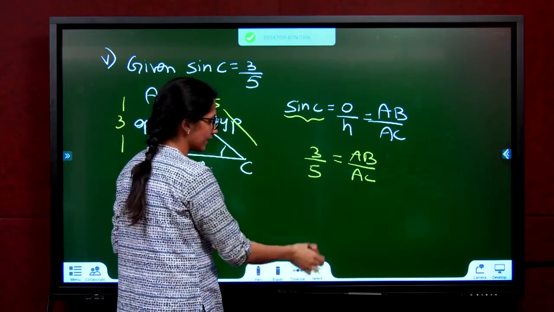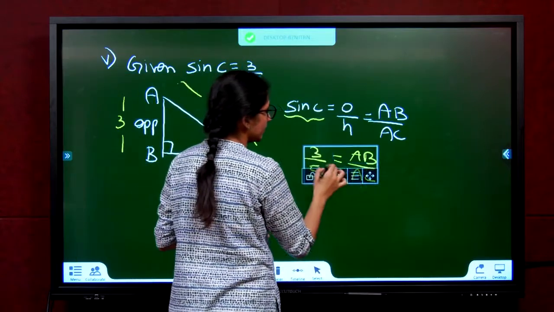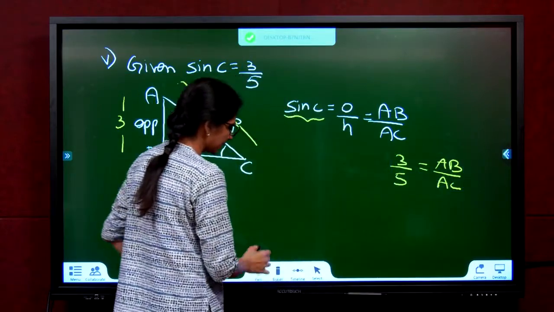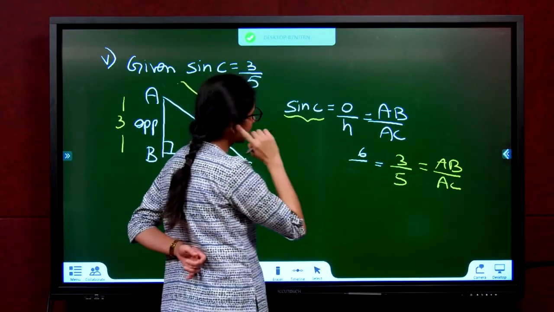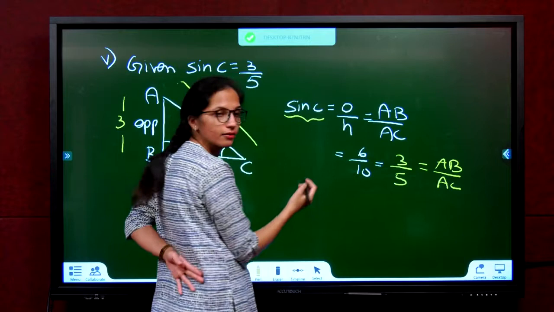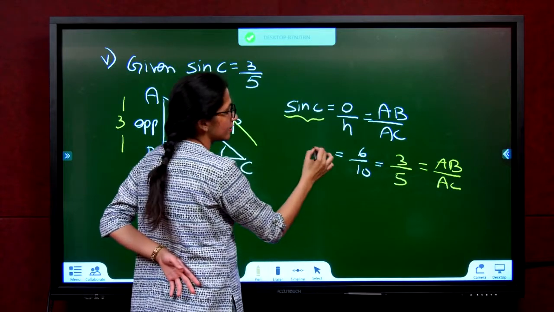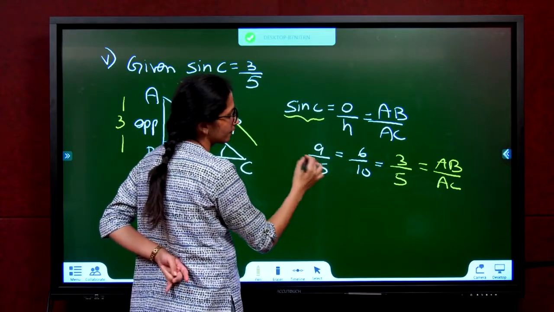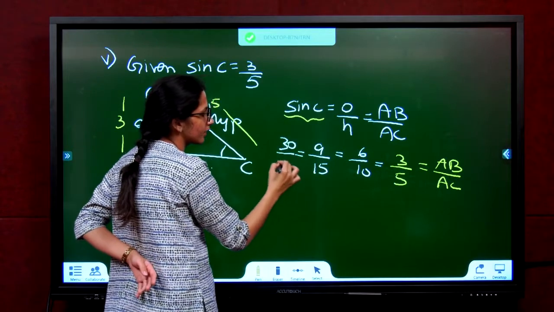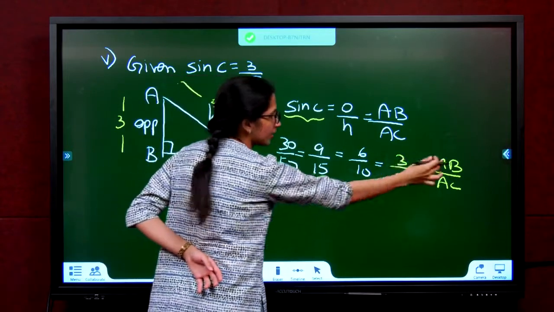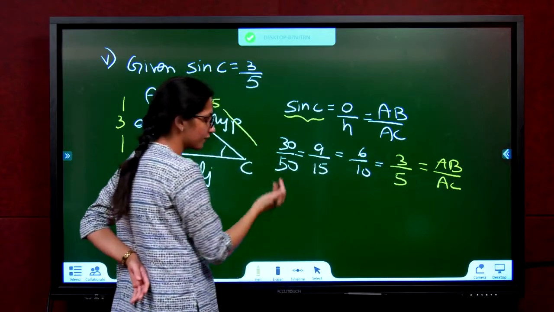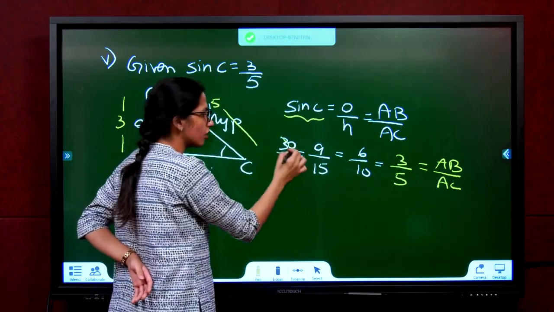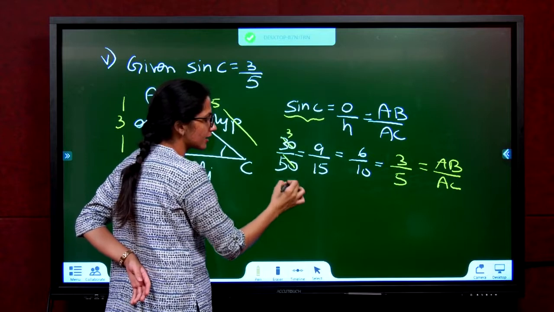This can be anything, meaning it can be 3 by 5, 6 by 10, 9 by 15, 30 by 50. AB can be 3, 6, 9, 30 or 5, 10, 15, 50. How? Because all of these in simplified form are 3 by 5.